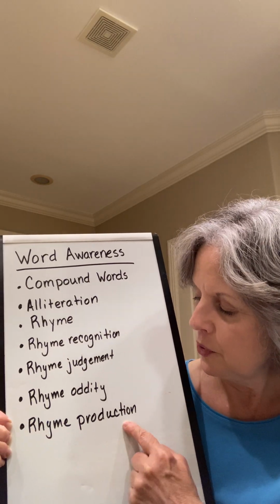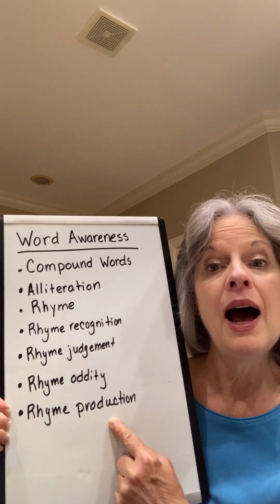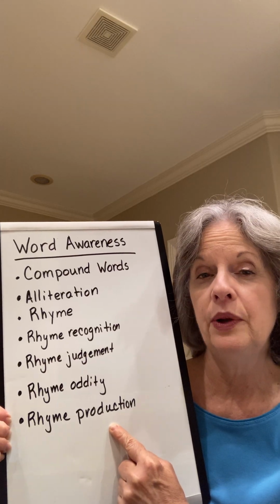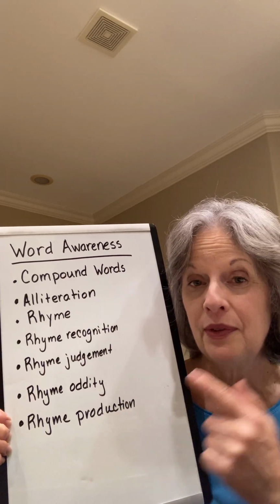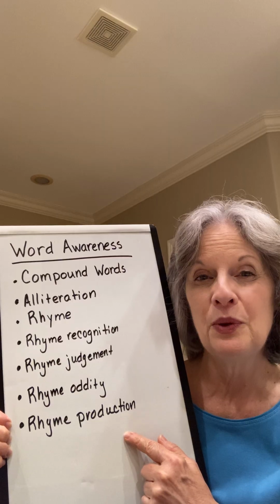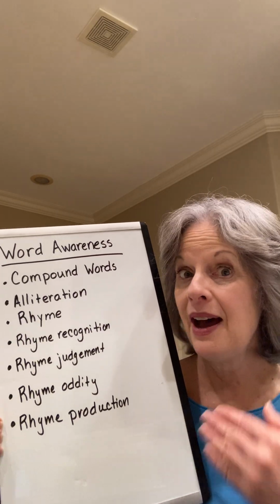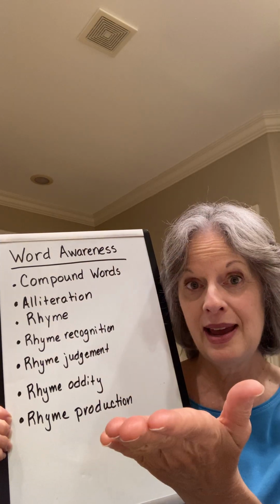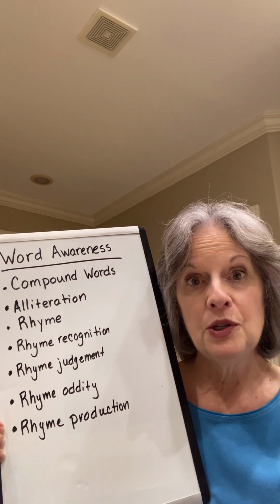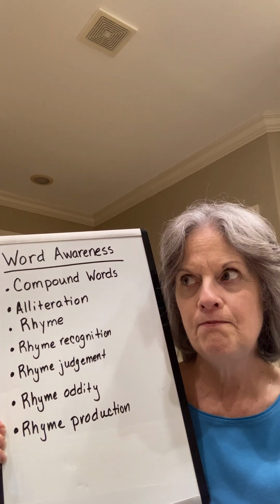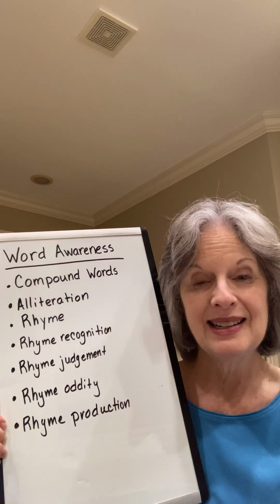Then rhyme production is the highest thinking level where they have to come up with a word that rhymes with the words you've said, such as, if I say cat, you say, what's a word that rhymes with cat? Hat, bat, sat.